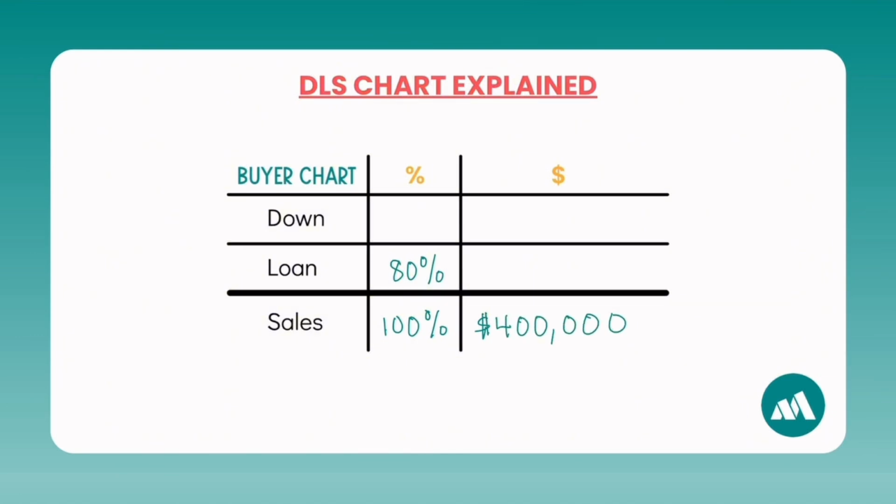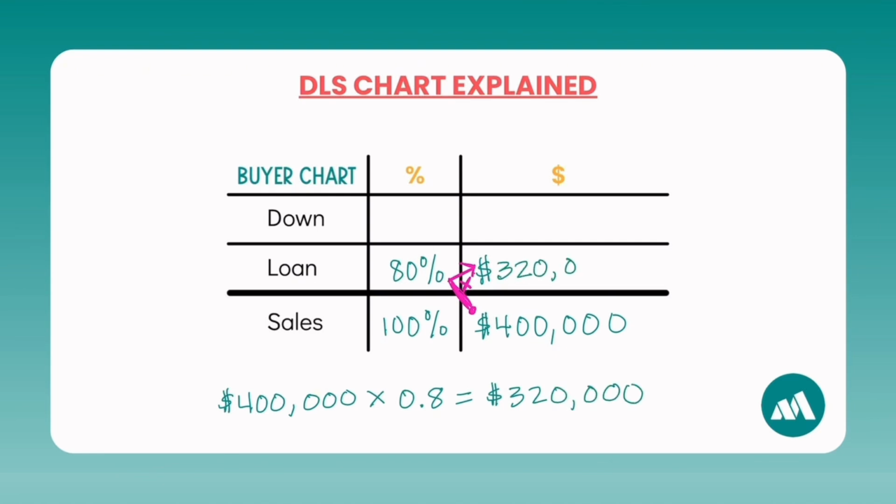In order to find the loan dollar amount, all I have to do is take this sales price of $400,000 and multiply it by 80%, and I get my loan amount. So $400,000 times 0.8 is going to equal $320,000. So that's now my loan amount.